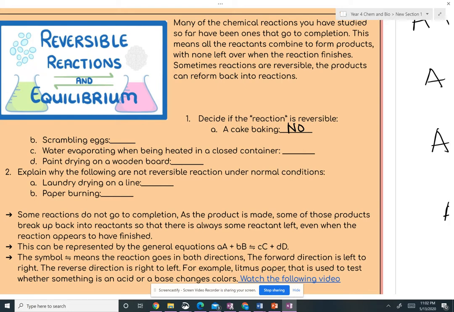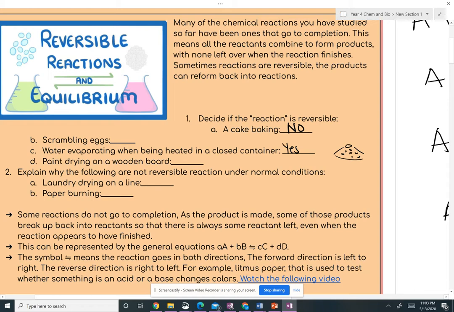Water evaporating when being heated in a closed container? Yes, this one would be an example of a yes, because if you evaporate water and the container is closed, some of the water ends up on the lid. If you lift the top of the lid, you will see all of these little water molecules, which is the liquid water that you started out with.